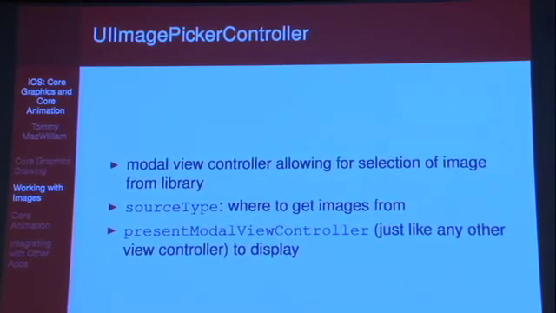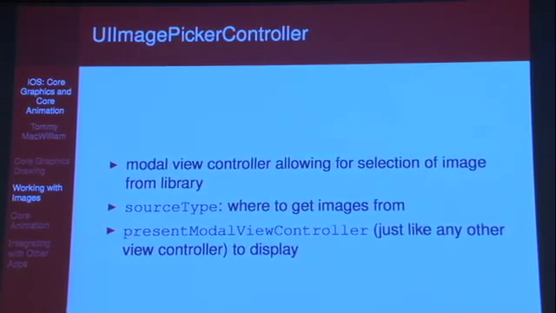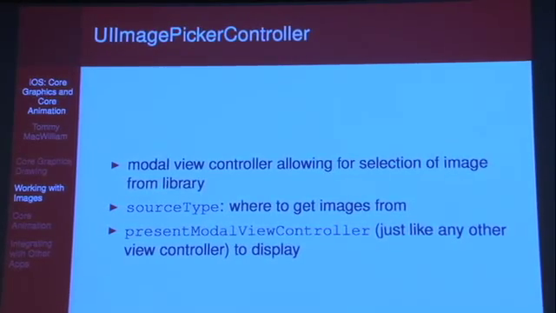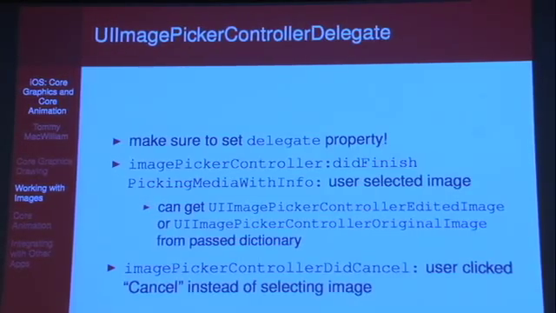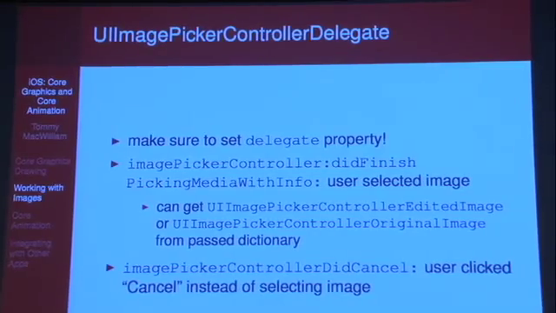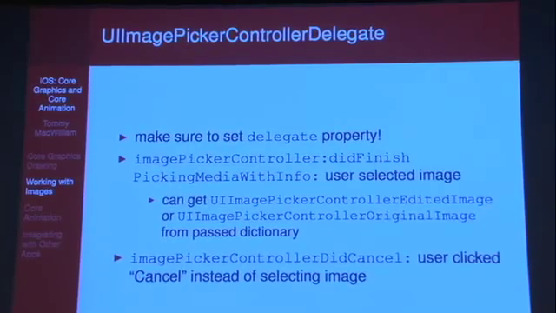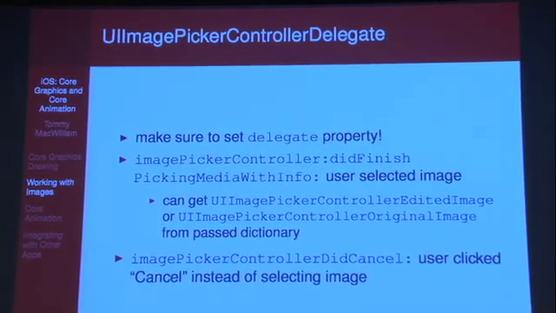So you're going to basically simply instantiate this view controller, much like you've instantiated any other view controller that you've written. And then you can display it to the user modally, so sliding up from the top or however else you want to display it. It will allow the user to browse their file system or their camera roll or take a picture and save it and then load it into your app. And all that functionality is given to you automatically.